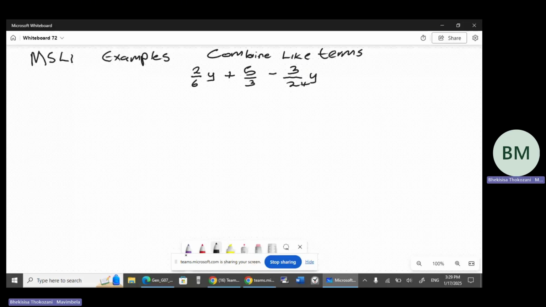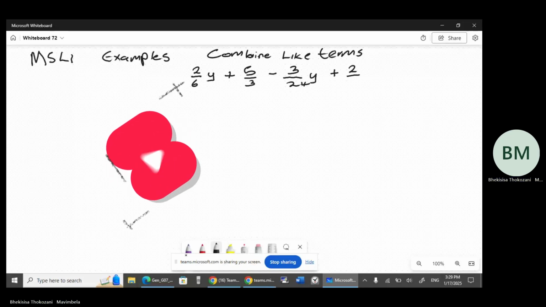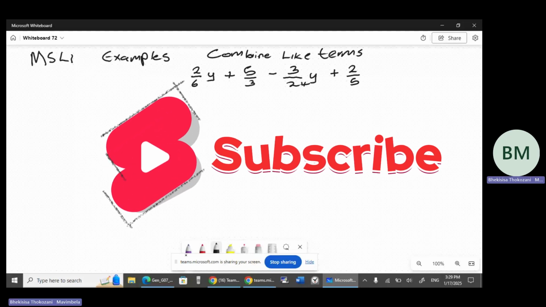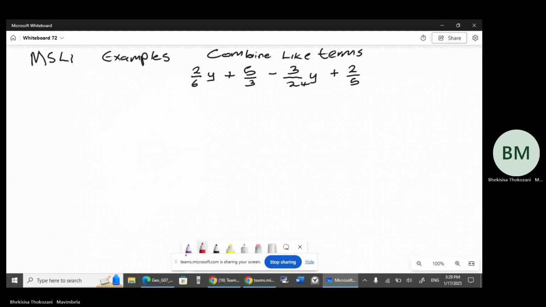I know some of you are saying, hey, that number is a big number, sir. Yes, I know these numbers are big, but math is about that. Plus 2 over 5. Let's see what you can do here.